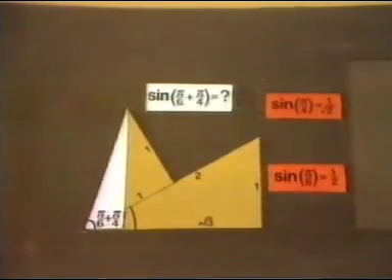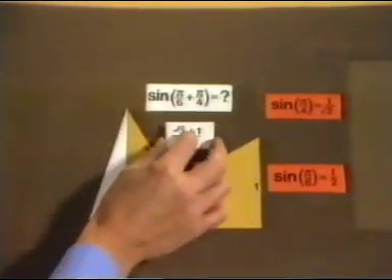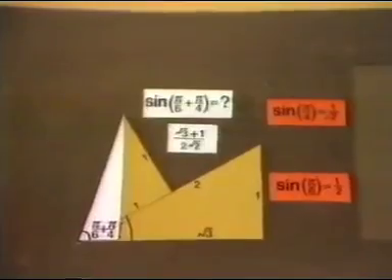I suppose I could draw the thing accurately to scale and get an estimate for sine of pi by 6 plus pi by 4, but what I'd really like is an accurate answer, or at least an answer that involves square roots. Now, believe it or not, the answer you get is that. And what we're going to do is show you how to get that.